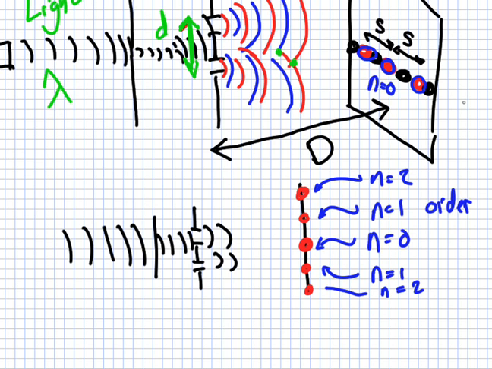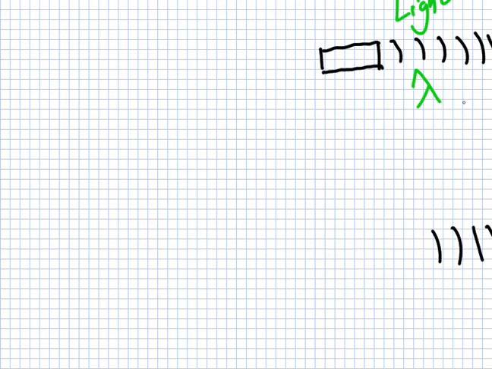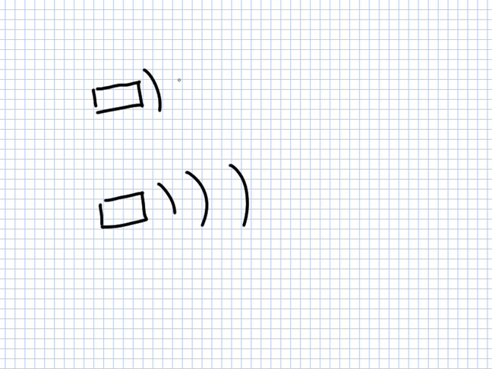Now, what's really, really cool here is it works for any wave, not just for light. It could work for a sound wave as well. Can I just go to the side for the moment? I'll go back to this, don't worry. So imagine you have two speakers and they're playing the same music, song, whatever.